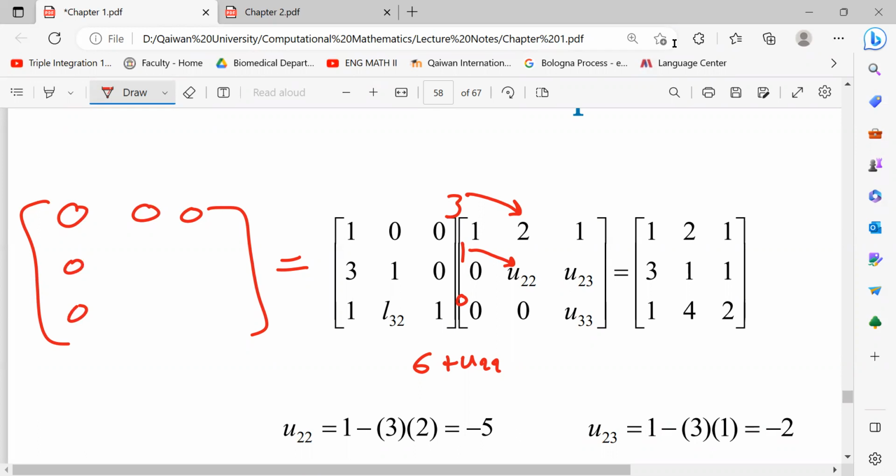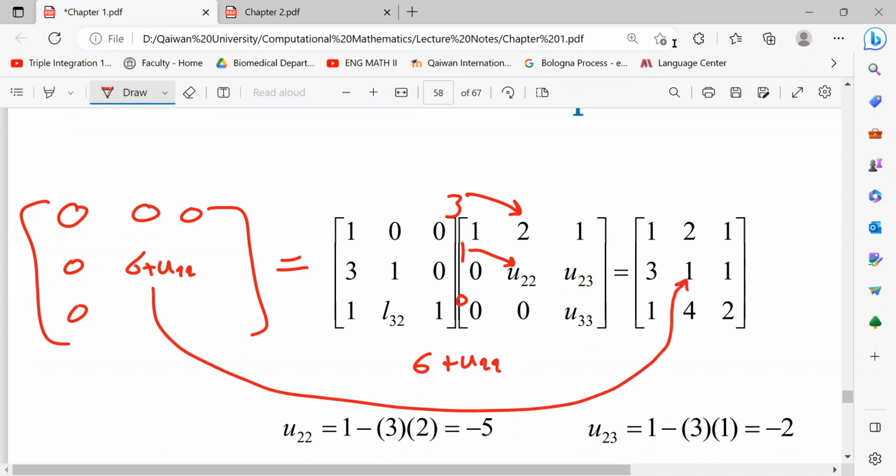As we have the multiplication of row 2 and column 2, which position do you get? 2, 2. So you get this position. This is 6 plus U22. This equals what? Equal to this position.